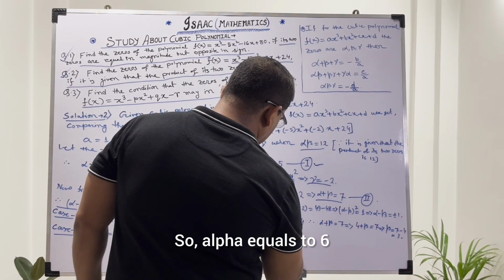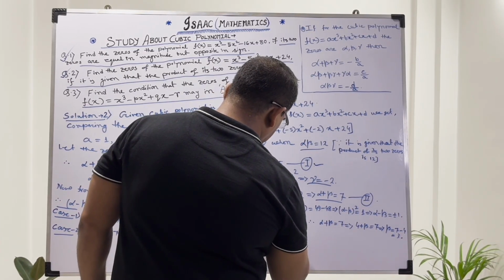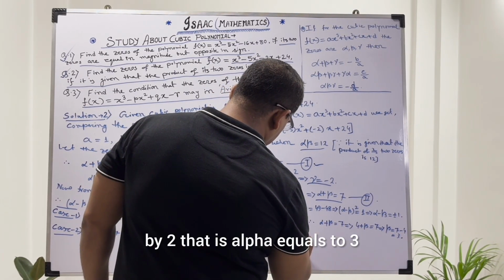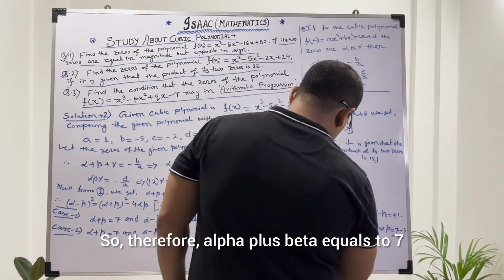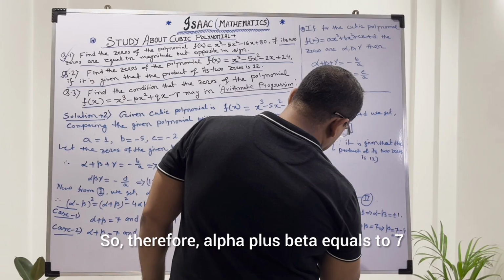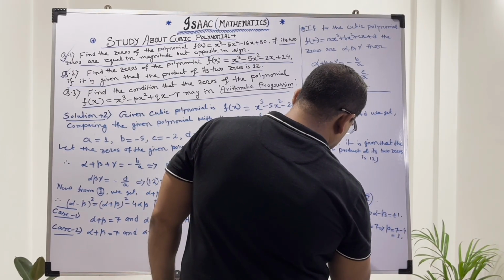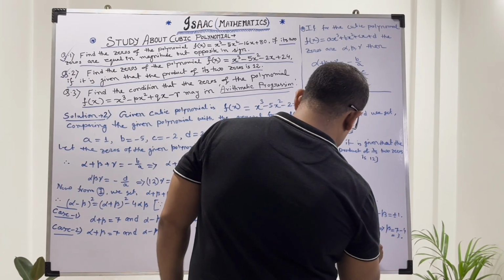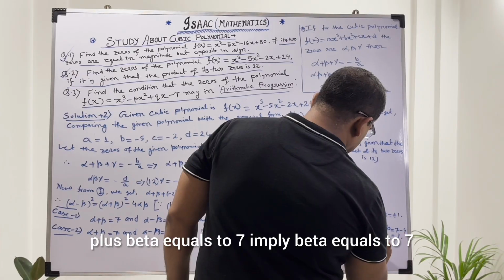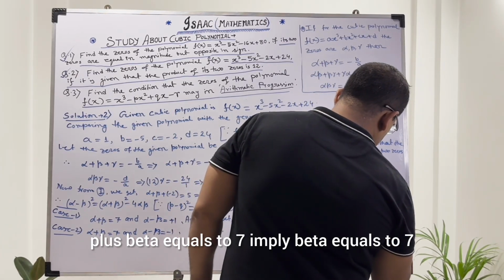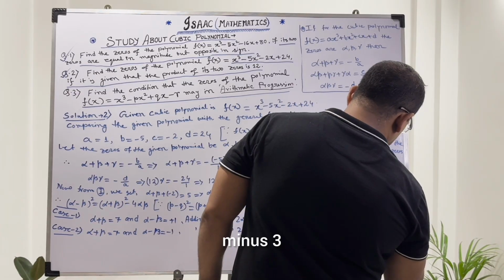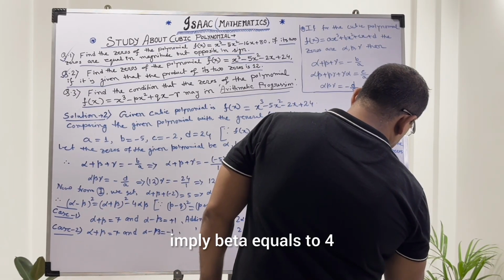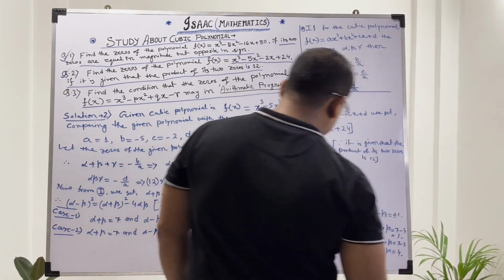So alpha equals 6 by 2, that is alpha equals 3. So therefore alpha plus beta equals 7 implies 3 plus beta equals 7, implies beta equals 7 minus 3, implies beta equals 4.